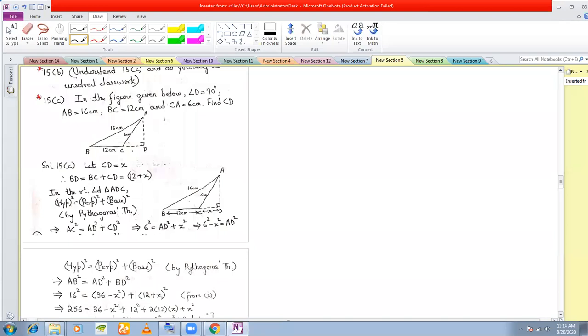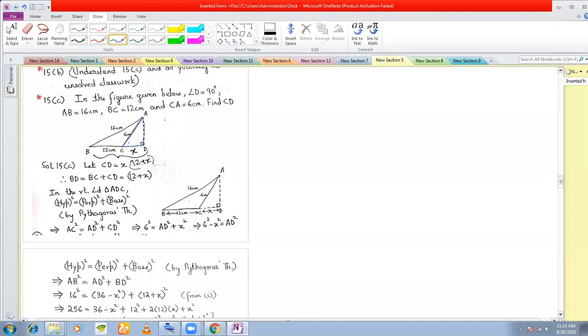So what I do here is I say let CD equal to X. Then what does this entire side become? This becomes 12 plus X. Now look at this blue right angle triangle, the small one.